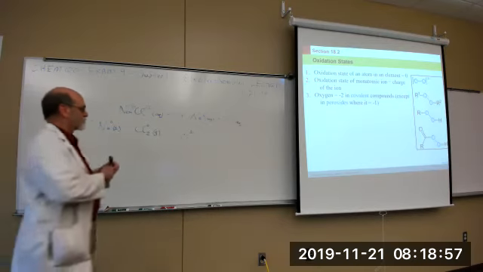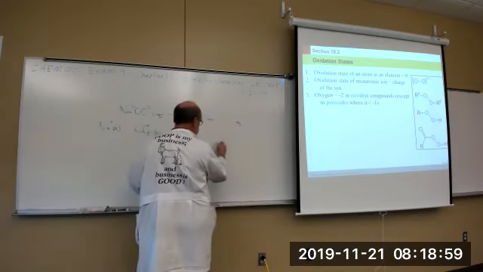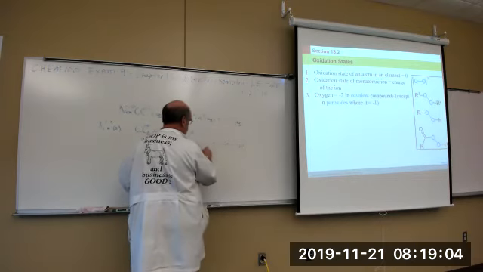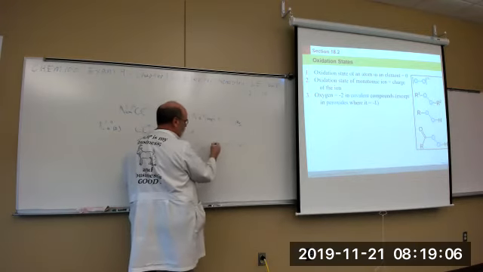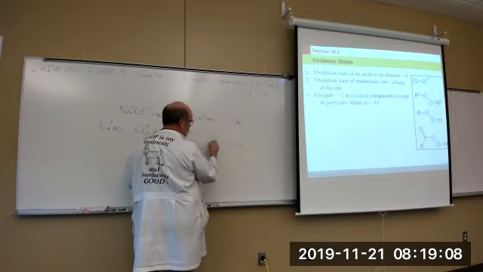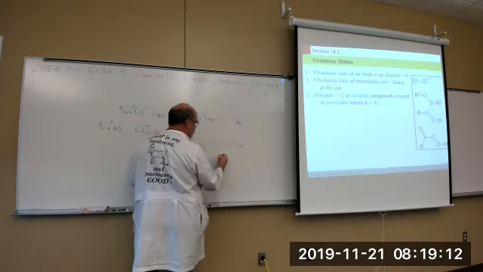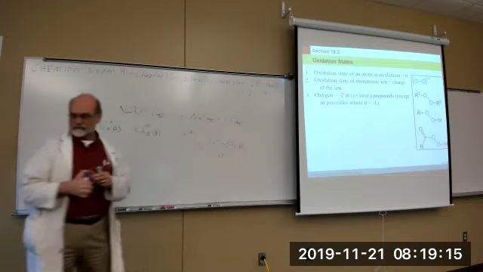And a peroxide is bound to something here, bound to something here. Each one of these oxygens in the peroxide is -1. So both of them together, the peroxide is a -2 total.